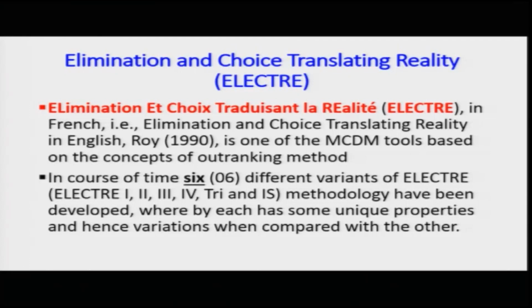So, what does ELECTRE mean? ELECTRE is a French word which basically means elimination and choice translating reality. You have a set of criteria and decisions, and you try to find the best possible decision, which is a theoretical concept.